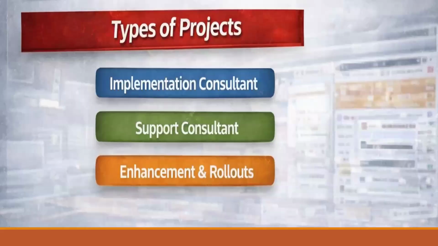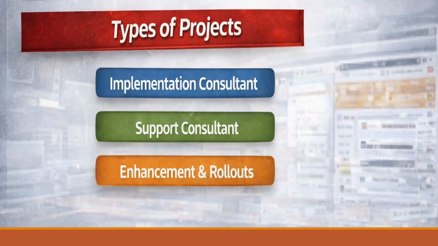Now, types of projects. There are different types: implementation projects, support projects, enhancement and rollout. Implementation is, for example, Tata implementing the CRP application on their business processes, and you work as an implementation consultant.